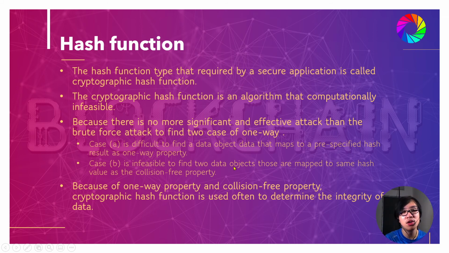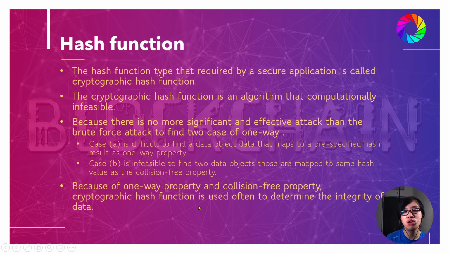So for case A, when you get the hash value, it is very difficult to find the data reversely. For case B, it is not possible to find two data objects that have the same hash value because of the one-way property and the collision-free property.